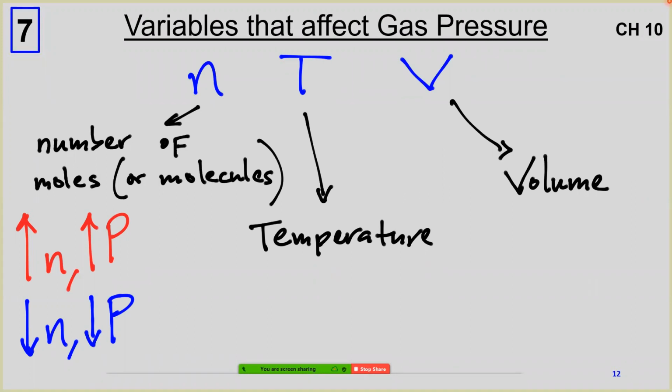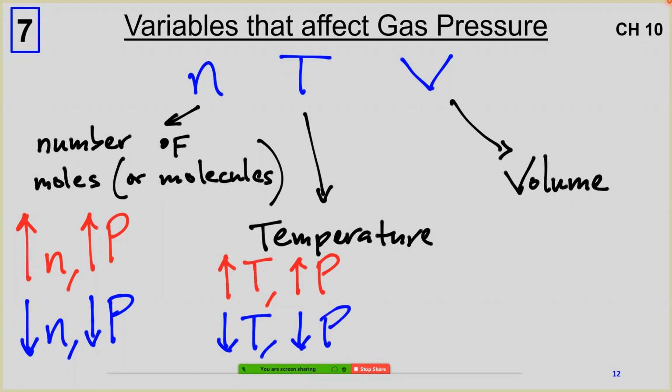And so in that case, increasing T, the temperature, would also increase pressure. Okay, if you were to decrease temperature, then you would also decrease pressure. So as you can see in this relationship here, both N and T increase with pressure. They are directly related to pressure, both N and T.